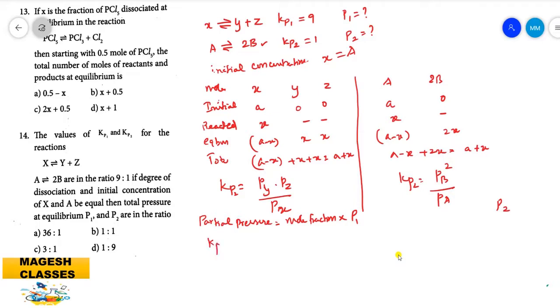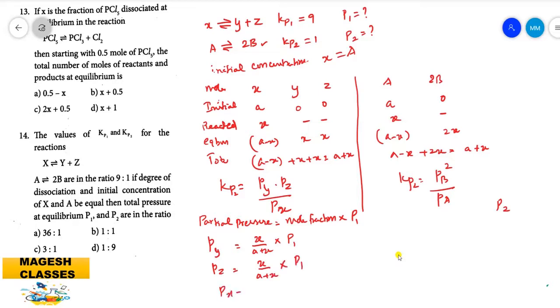So for Kp1, the partial pressure of Y is mole fraction into total pressure. What is the mole fraction? The moles of the substance divided by total moles, into P1. That is the partial pressure of Y. The partial pressure of Z is x divided by A plus x into P1.